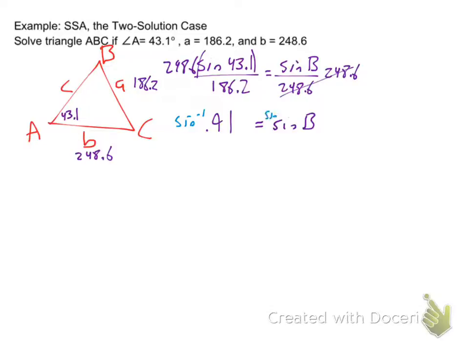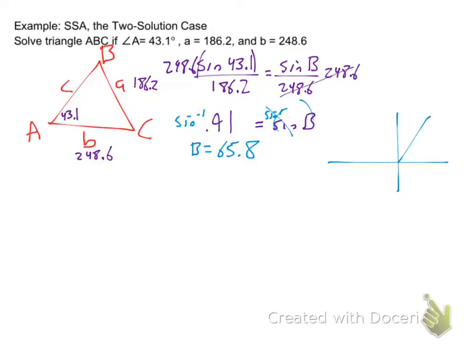And what do you end up realizing? B equals 65 point... I didn't hear the decimal on that. 0.8. 65.8. Wait.